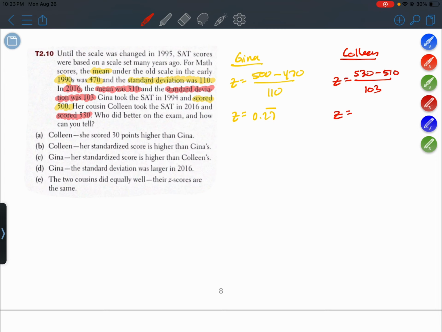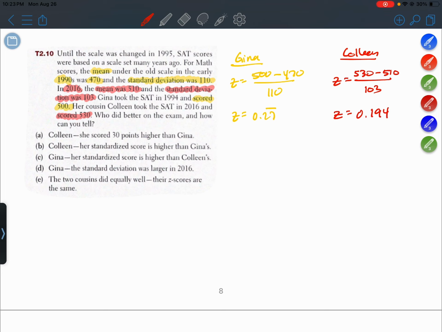Okay, let's calculate this one. 530 minus 510 over 103. 20 divided by 103. 0.194.